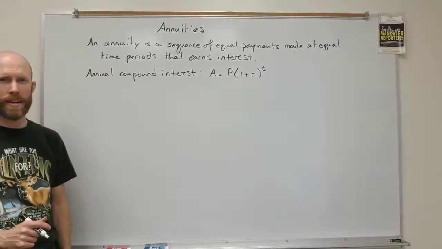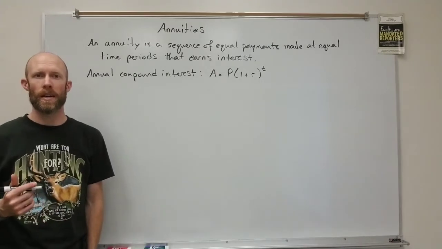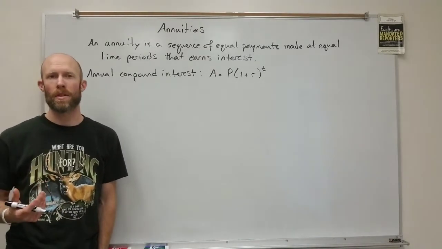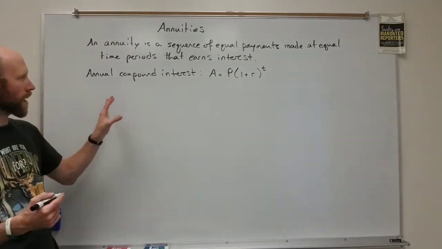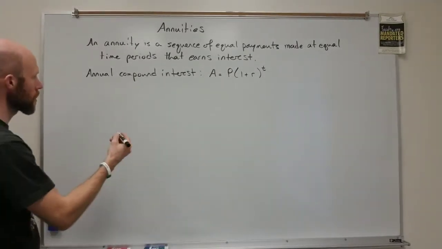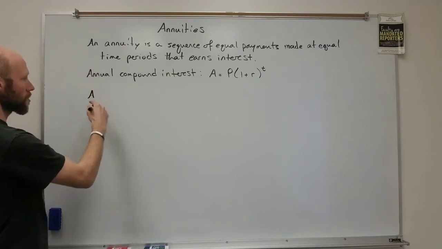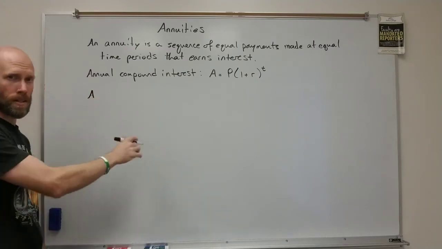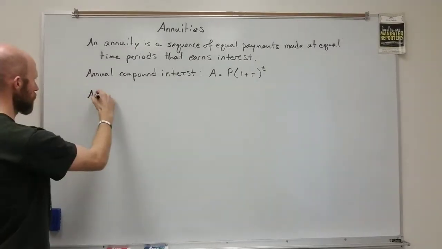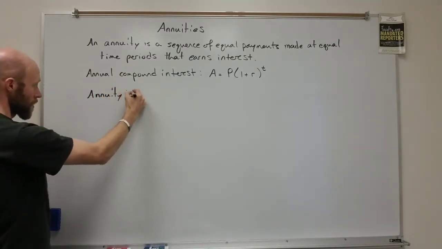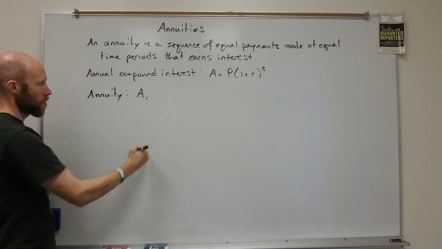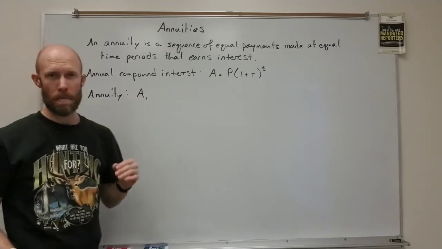As this happens, the amount in the account or in the annuity is calculated using the following formula. I'll break this down one year at a time. The amount is A, and we'll call it A1 because this will be the amount after the first year.